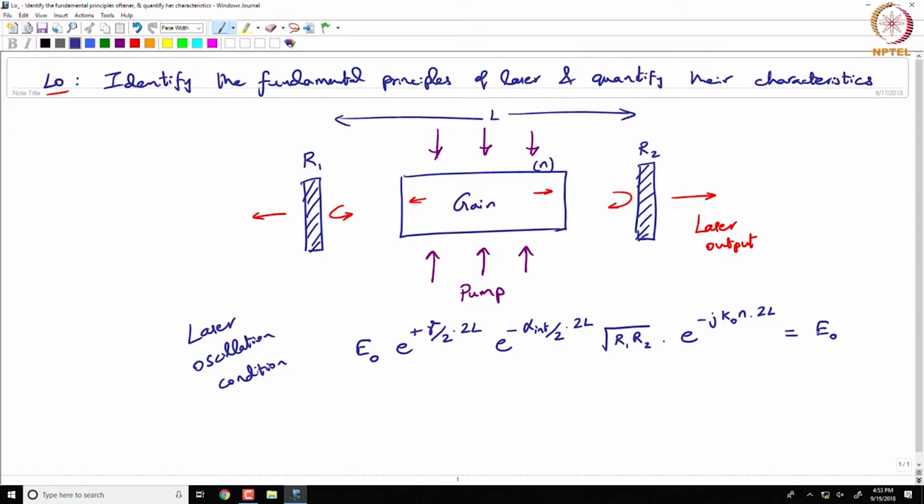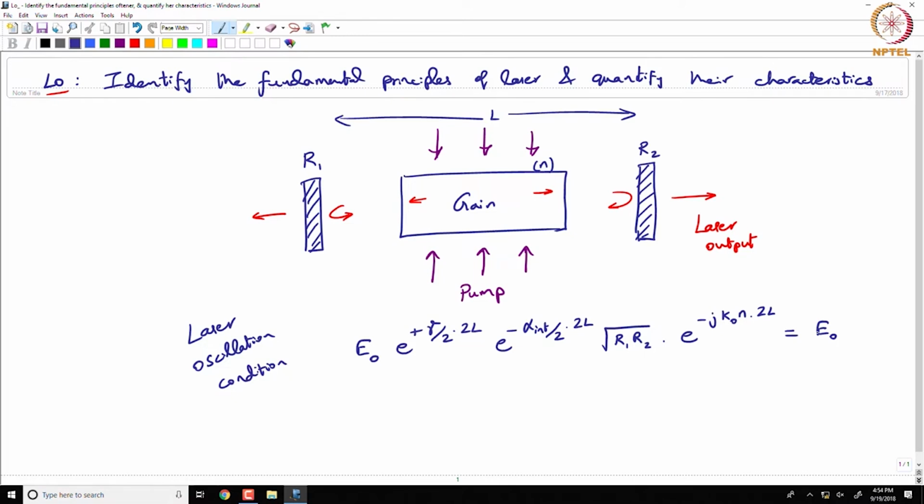So the question is, we are tracking the initial field to the round trip field, whether R1 and R2 are accounting for the losses. Basically what we are saying is only a certain fraction of that field is going through the round trip.